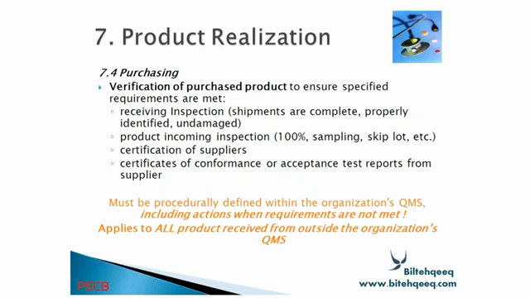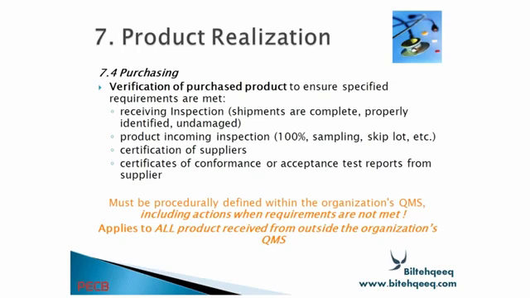and activities. Verification of purchased product to ensure specified requirements are met. Receiving inspections: shipments are complete, properly identified, undamaged. Product incoming inspection: 100%, sampling, skip lot, etc. Certification of supplier: certificate of conformance, or acceptance test report from supplier.